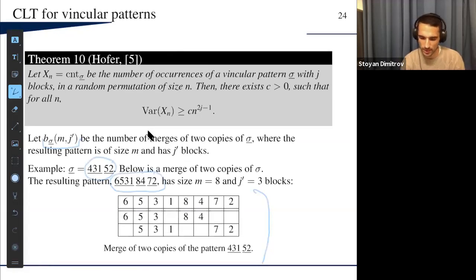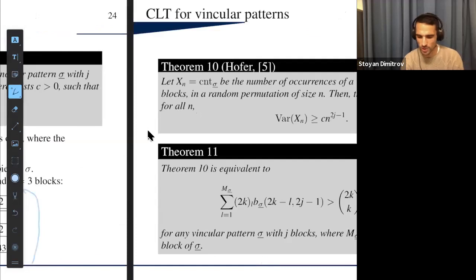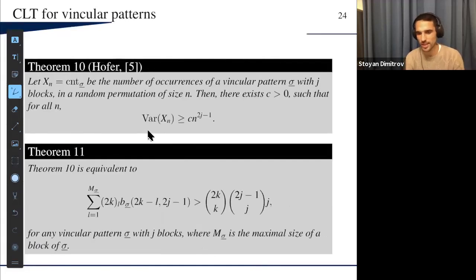And what we showed is that our theorem 10, which implies the central limit theorem for the number of occurrences of any vincular pattern, is actually equivalent to proving this inequality here. In this inequality, m sigma corresponds to the maximal size of a block of sigma.